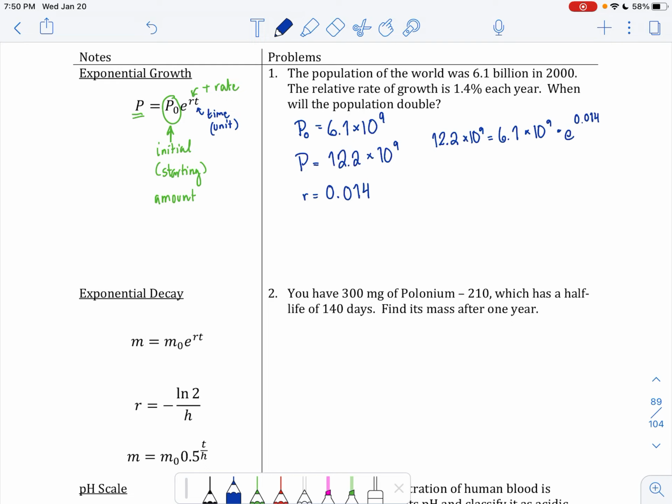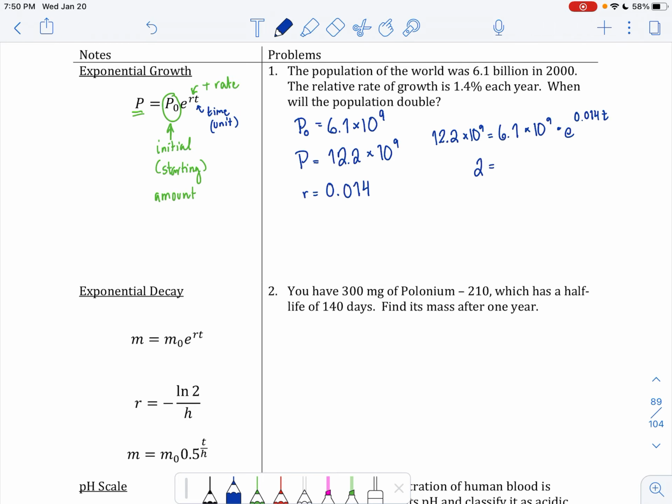It's positive. That's how you can see it's a growth model. Now the nice thing here is that these numbers are kind of challenging, but when we divide, because the population is doubling, that just means 2 is equal to e to the 0.014 t.